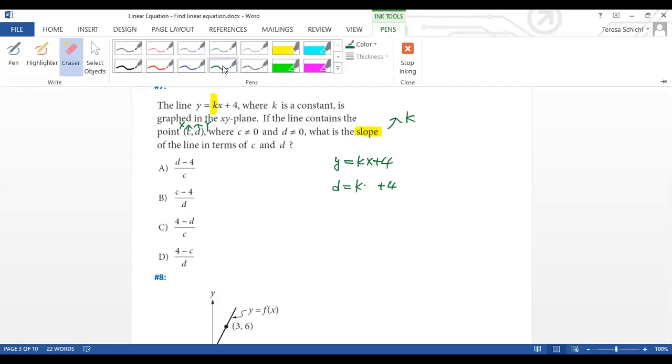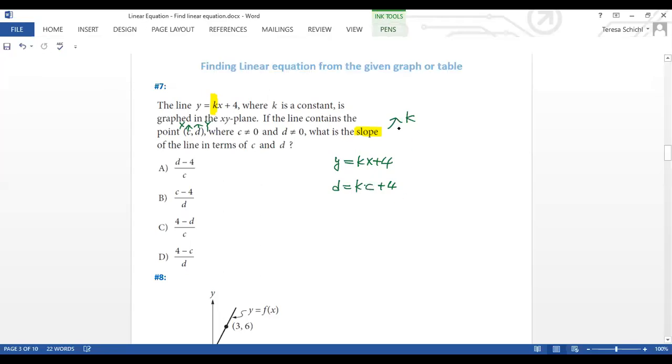So d equals k times c plus 4. Now minus 4 on both sides, so d minus 4 equals k times c. We want to find k, so I divide by c. So k equals d minus 4 divided by c.